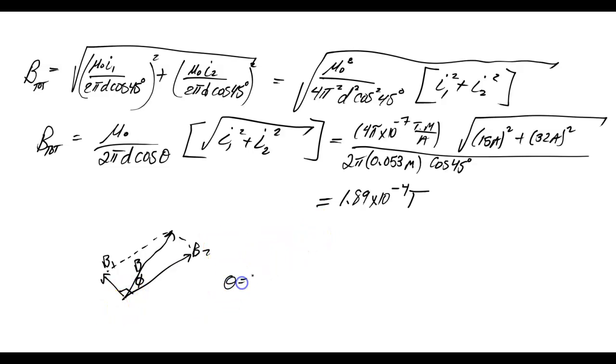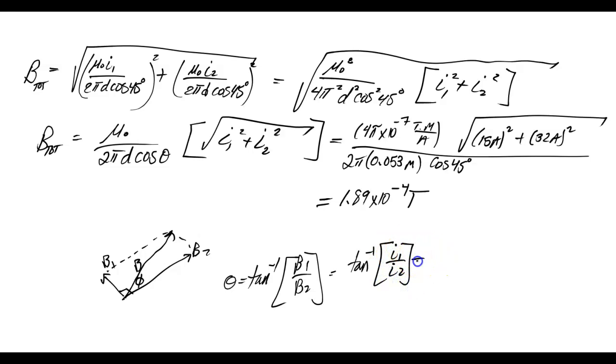So theta is going to equal tangent inverse of opposite over adjacent. Opposite is B1, so B1 over B2. Notice that because all of the terms are the same between B1 and B2, the only thing left would be tangent inverse of I1 over I2.